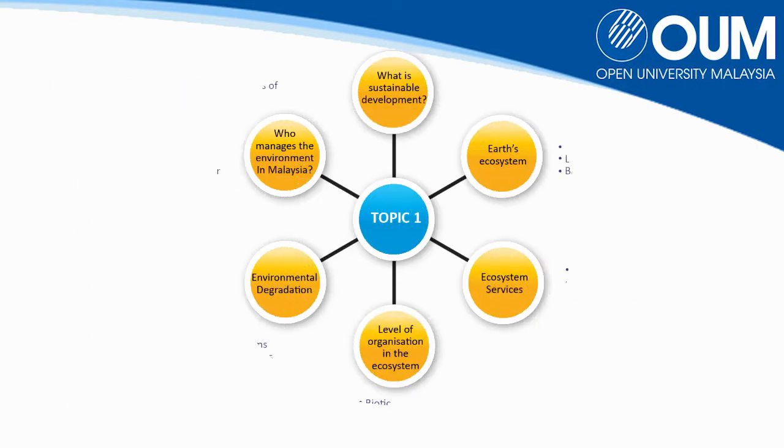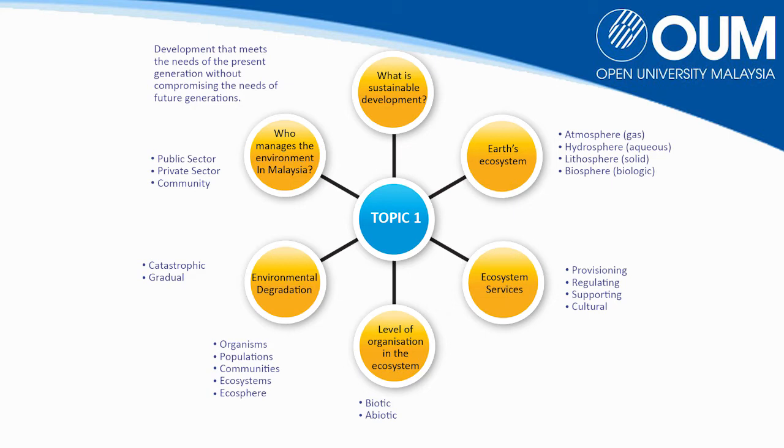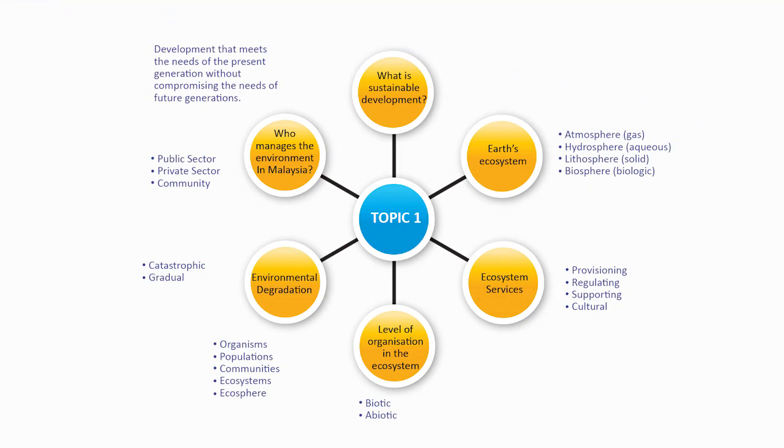Dear students, before we proceed further, let us review the previous session that we had last week. In topic 1, we discussed what sustainable development is. As we all know, sustainable development is development that meets the needs of the present generation without compromising the needs of future generations.